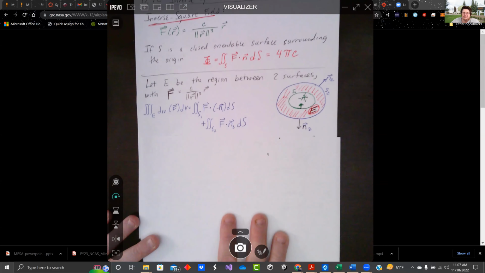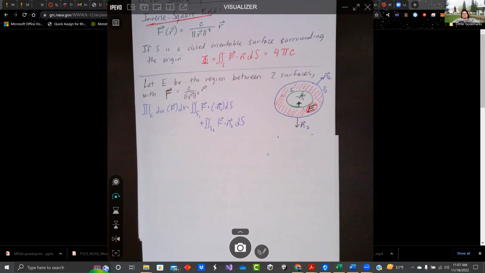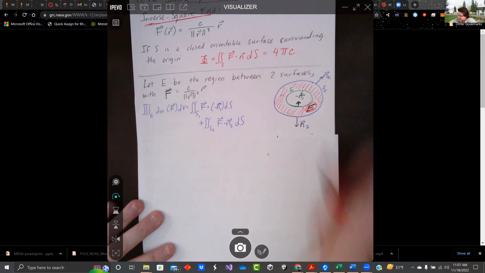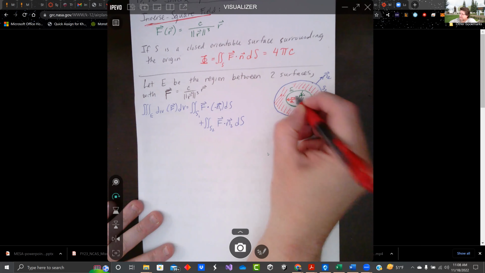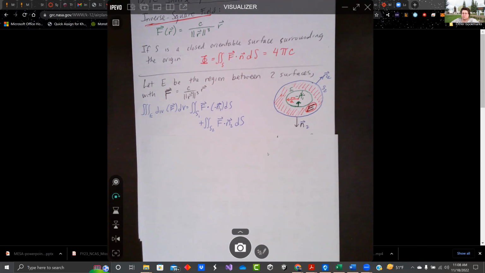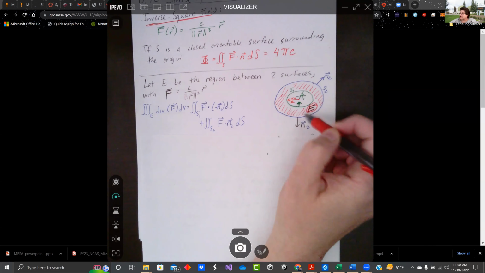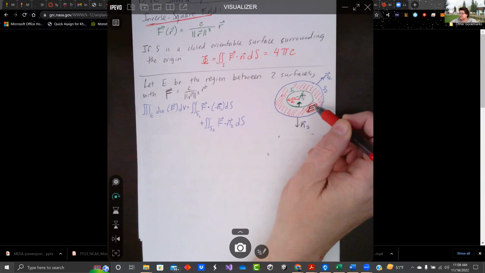We've got E being our region between two surfaces. The outside surface could be anything. I drew a circle going outward, so the positive orientation is outward. We want the region in between. I did a circle of radius A right here, R equals A. The solid we're looking for is between these two spheres or circles.